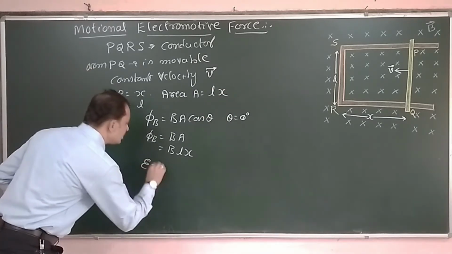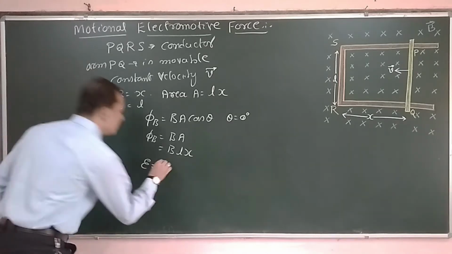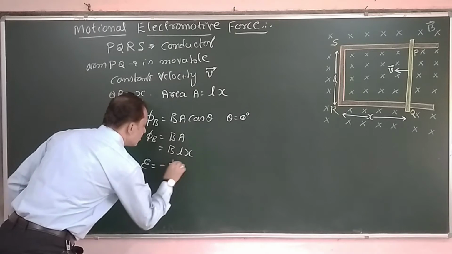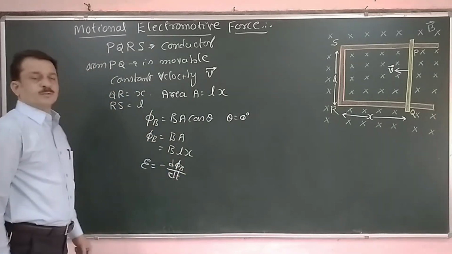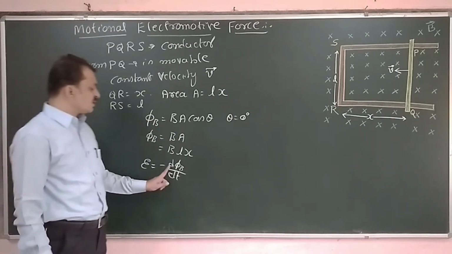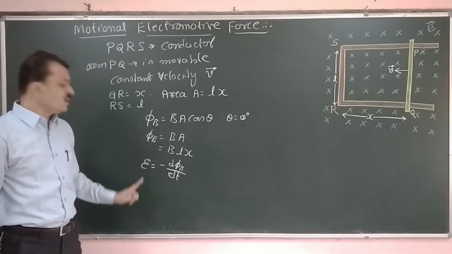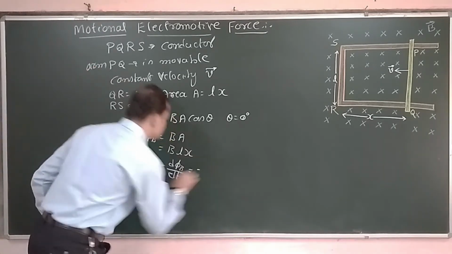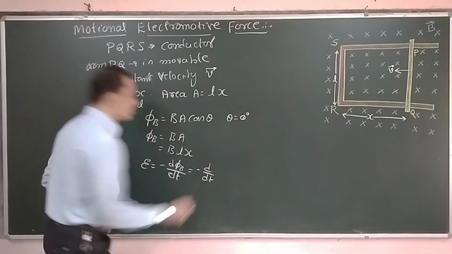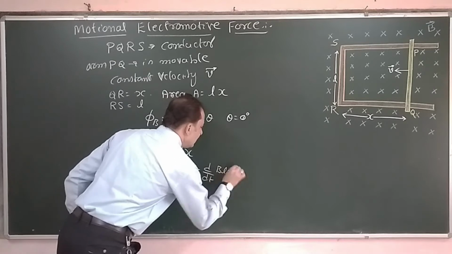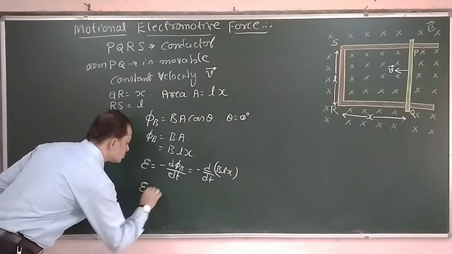The magnitude of the induced EMF is given by minus d phi B by dt, that is, the rate of change of magnetic flux. Just substitute the value of flux, we get d by dt of B L into x. Very simple expression.